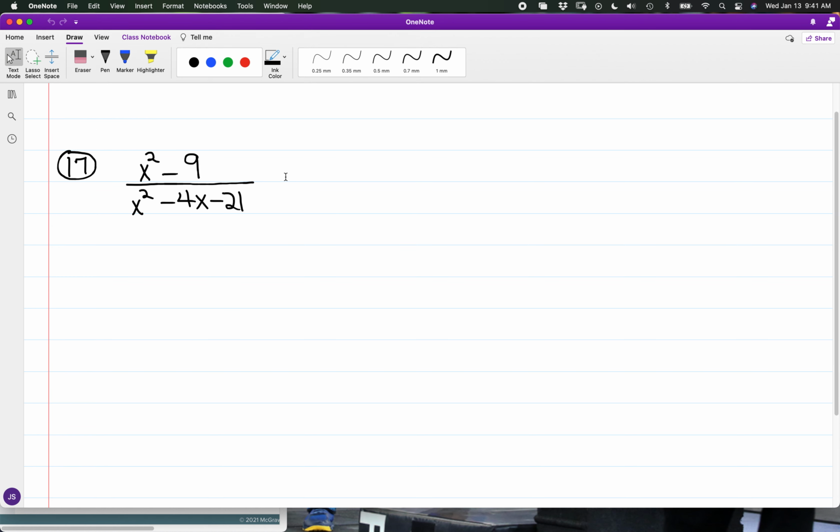In essence, you're taking the ratio and simplifying, and also finding what would be regarded as restricted values. We have x squared minus 9 over x squared minus 4x minus 21. Looking at factoring, x squared minus 9 is a difference of squares, so this factors out to x plus 3 and x minus 3.